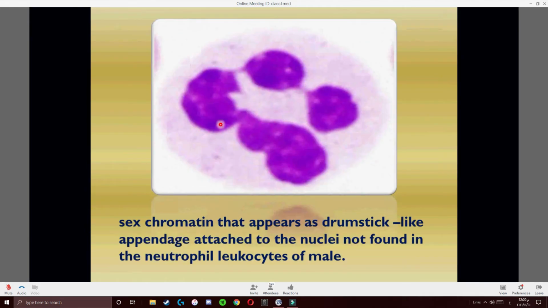The sex chromatin that appears as a drumstick-like structure attached to the nuclei is not found in the neutrophil leukocytes of the male. This is a leukocyte of a male, with no drumstick or bar body in the nuclei of its cells.